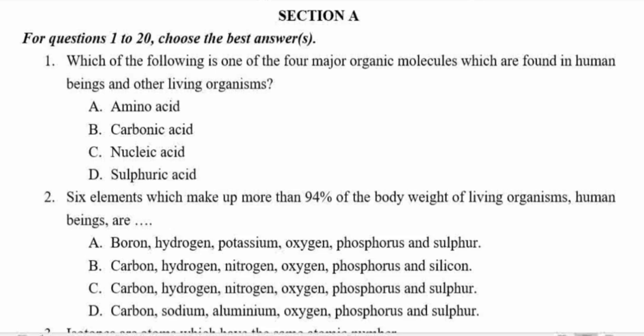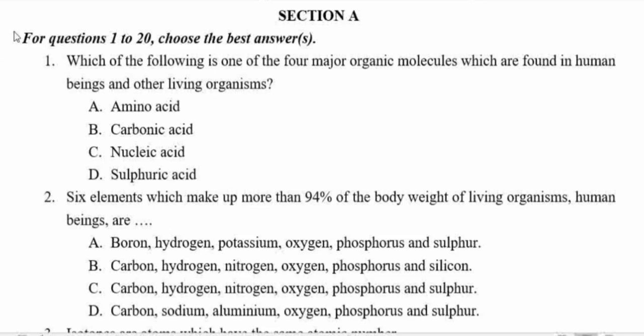Okay. Again, the last time I indicated that we must always read instruction before we attempt to solve a question. And then again, the question, we must also understand it very well so that we do not make mistakes. So let's begin our section A of our exploration today by reading the instruction.